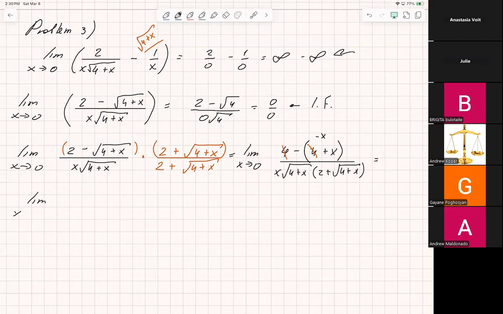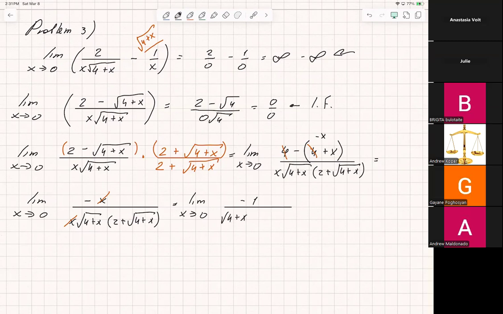What we have is x approaches 0, negative x over the denominator. Let me just duplicate it. And again, we can cancel x's, and we have limit as x approaches 0 of negative 1 over square root of 4 plus x times 2 plus square root of 4 plus x.